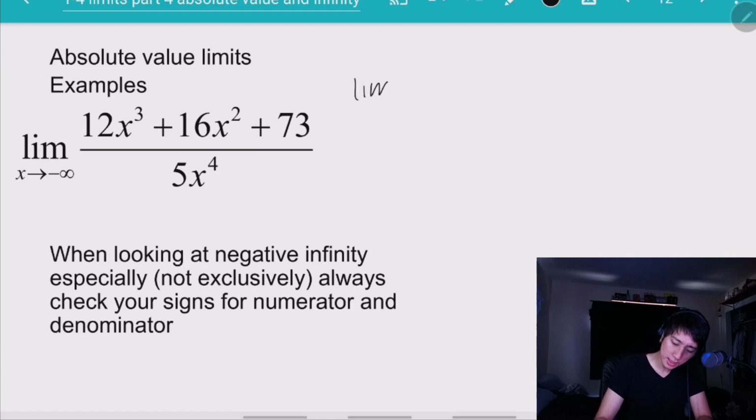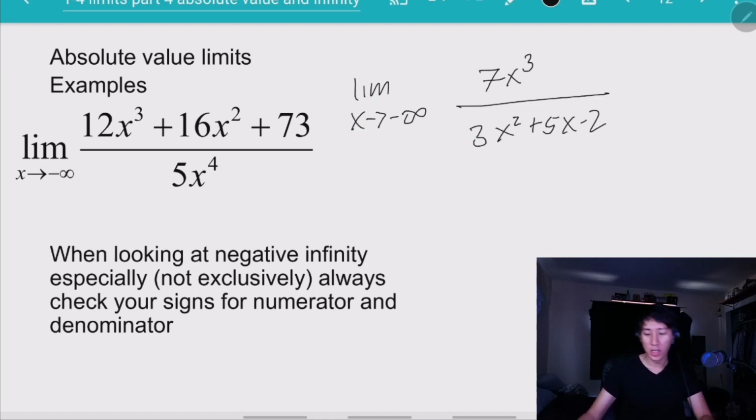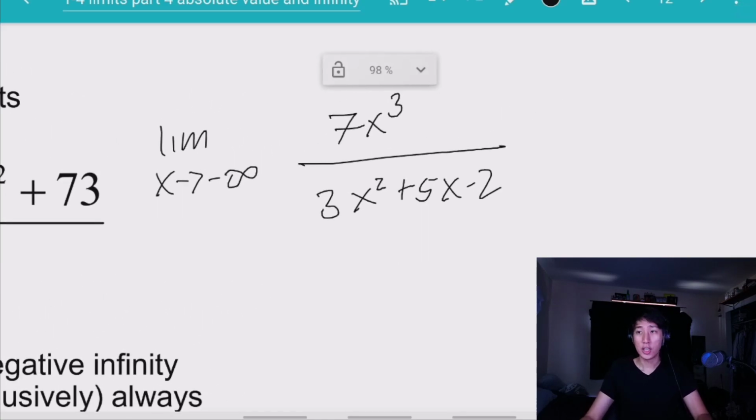Limit as x approaches negative infinity of 7x cubed over 3x squared plus 5x minus 2. So if I give you something like this and I ask you to evaluate the limit, your answer, according to my rule, should be infinity. The reason is your top power is larger than your bottom power.